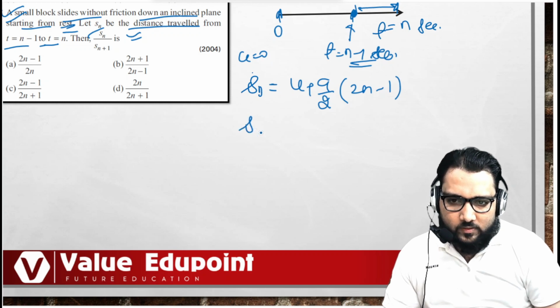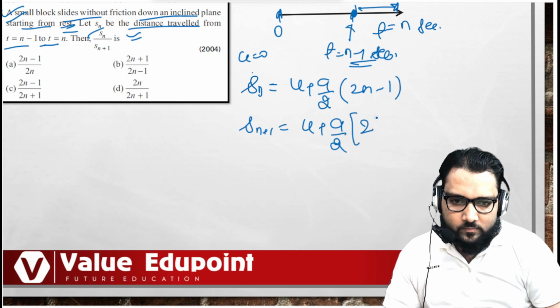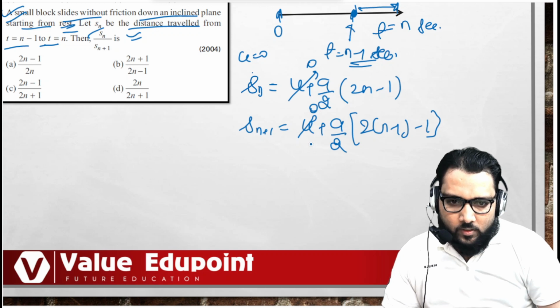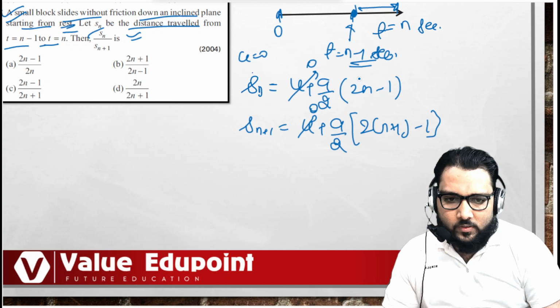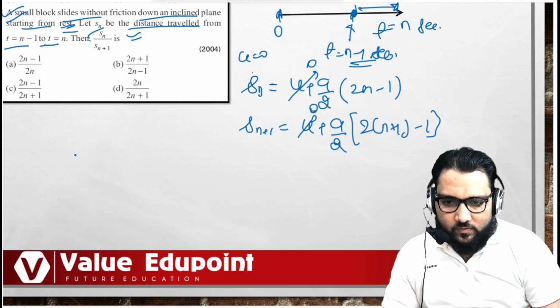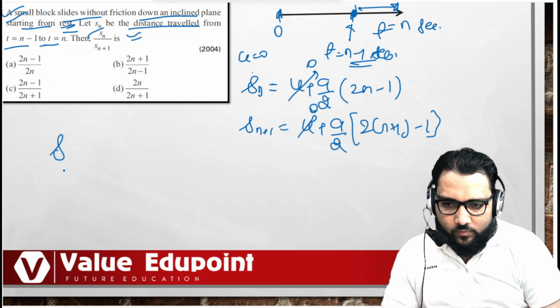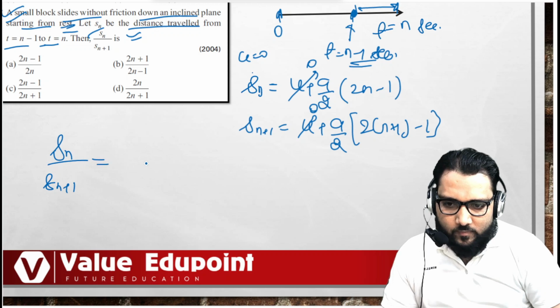Now for n plus 1, we simply replace this n with n plus 1. The initial velocity is 0 here too. So now the ratio Sn upon Sn plus 1 comes out to be as follows.